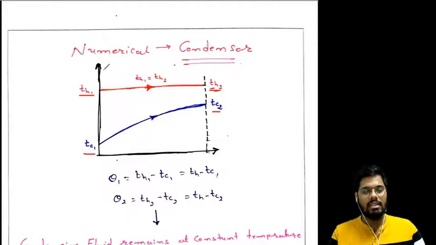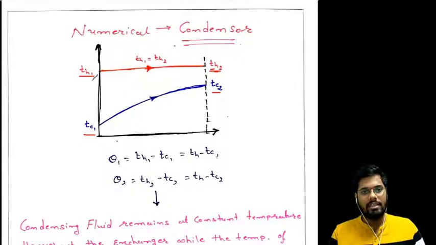So here we can see from the temperature versus area diagram that the temperature of cold fluid will increase as we are moving from inlet to the outlet of the heat exchanger, but temperature of hot fluid remains same, because here hot fluid loses its latent heat and makes a phase change, so that the temperatures TH1 and TH2 will remain same.